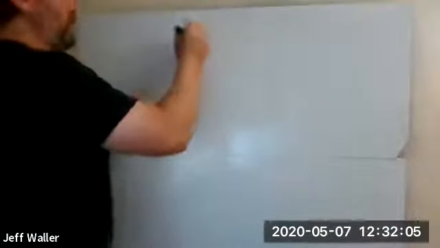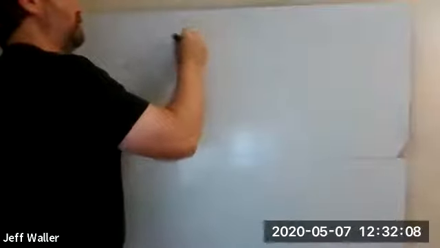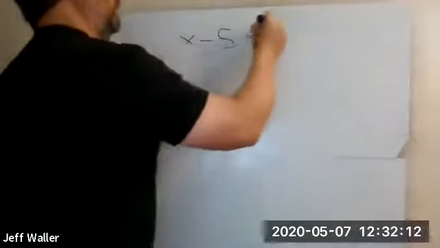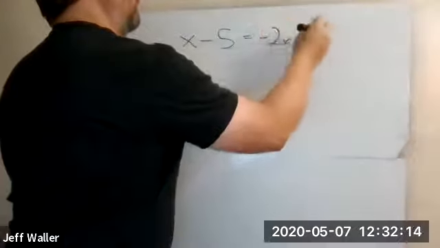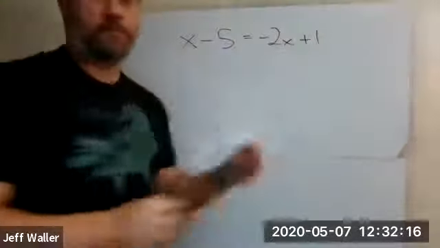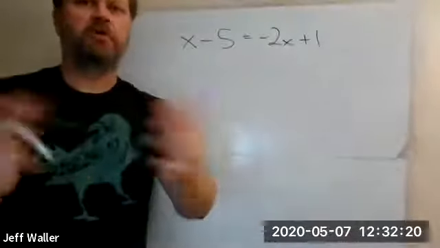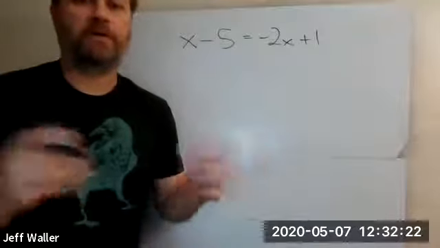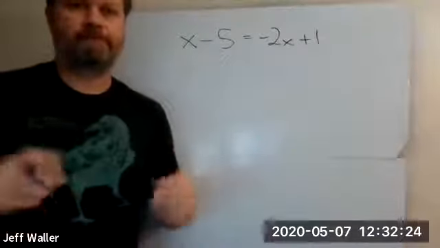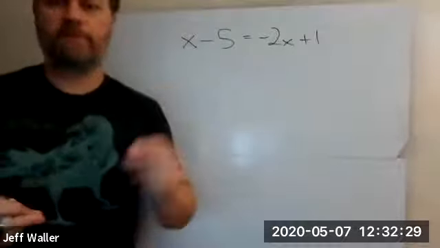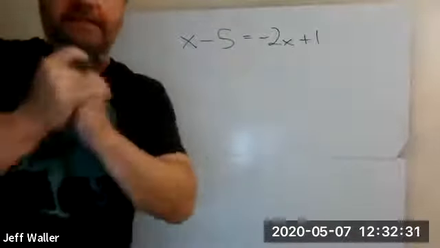So if I have an equation like this, if I have this kind of an equation, what do I do? How do I solve this? No tricks, no anything. This is easy, easy, easy.